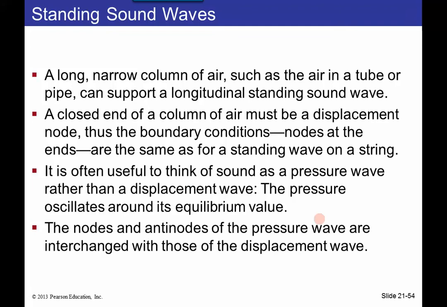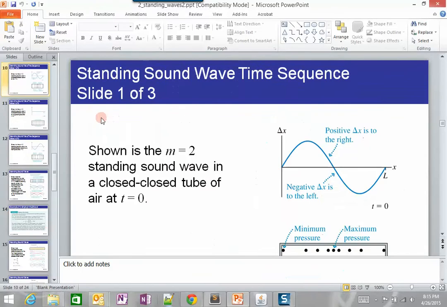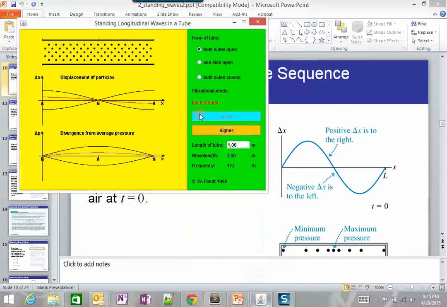Sound waves can also produce standing waves. To do that, you can use a narrow column of air, as you did in the lab. Let me show you a simulation here.